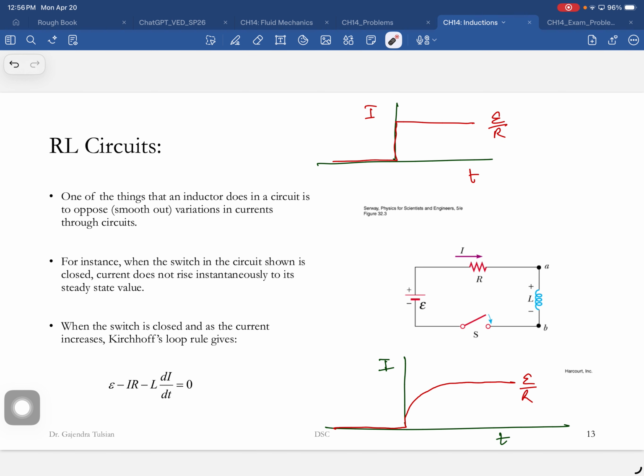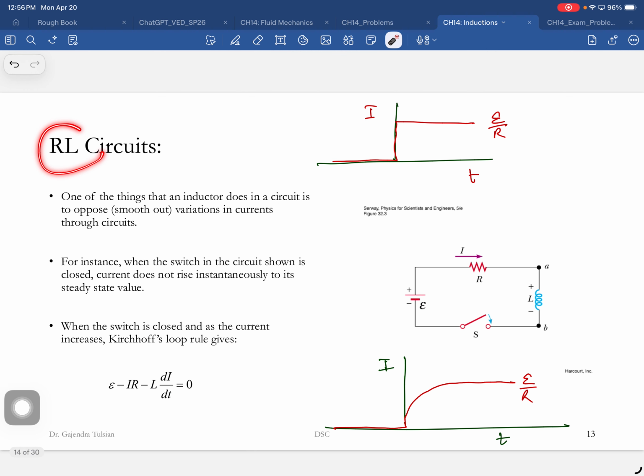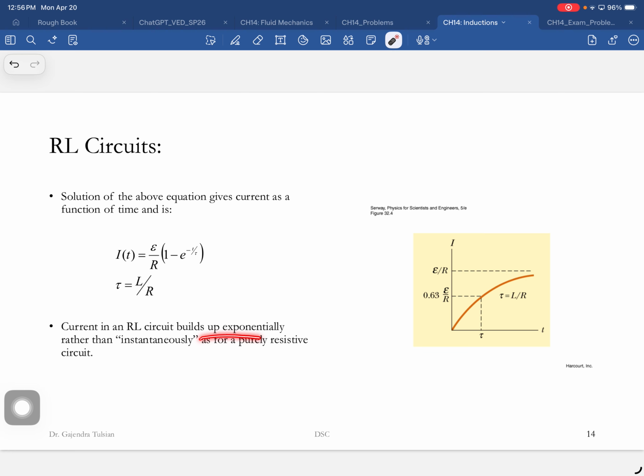So the greater the value of the inductance, the slower the current will rise. So current in an RL circuit builds up exponentially rather than instantaneously as for a purely resistive circuit.